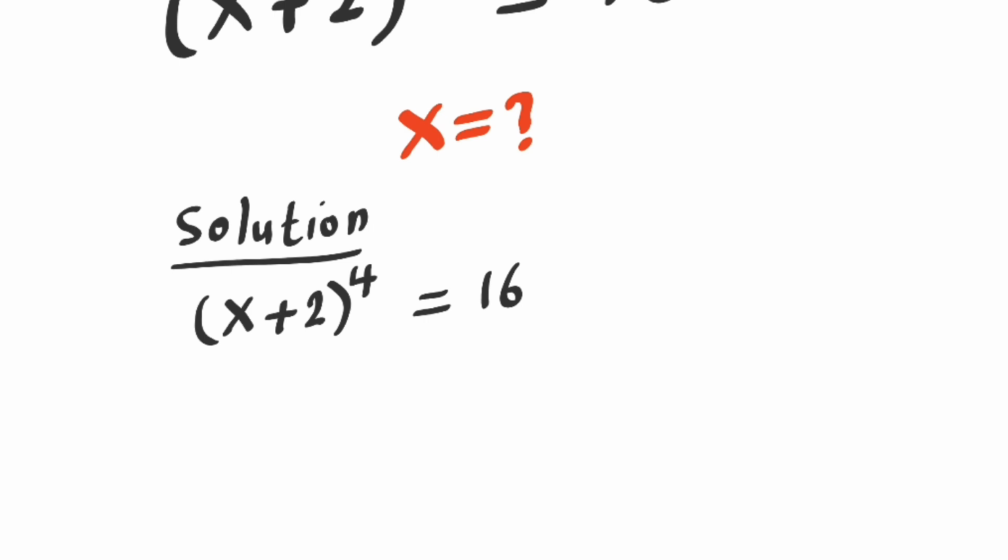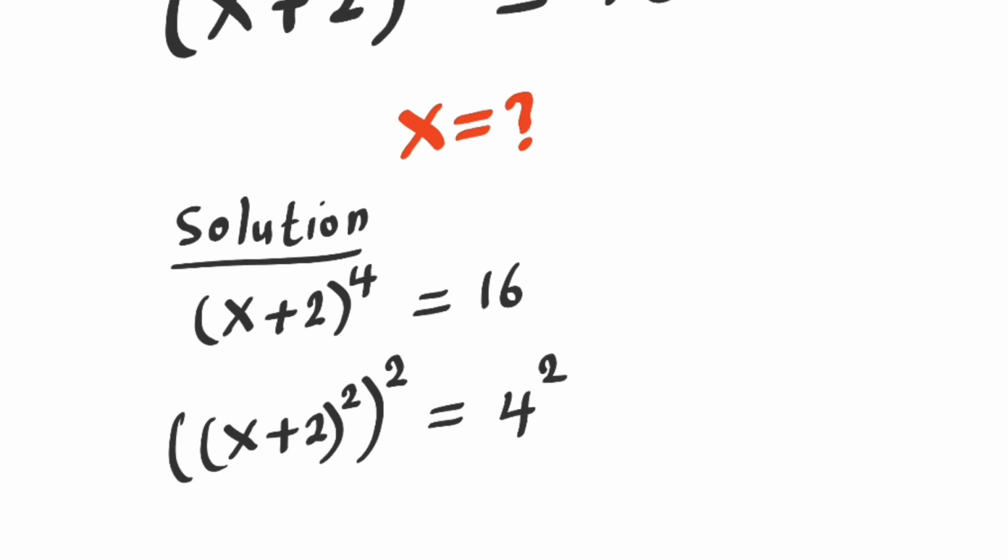This can be written as ((x + 2)^2)^2 is equal to 16, which can be written as 4^2.